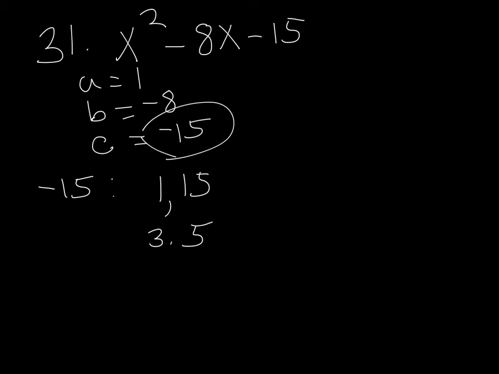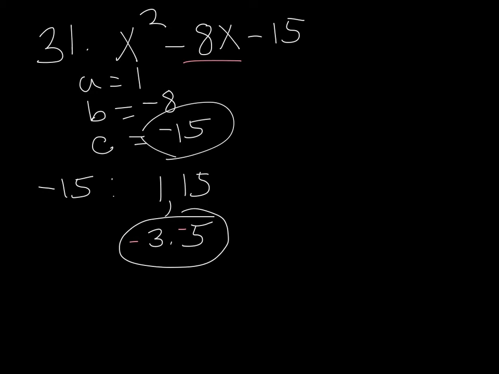No other possibilities. So when you are looking at these, you're going, well, geez, can I put any of these together to get a negative 8? And you might initially look at something like this and say, yes, I can. I can put a negative 3 and a negative 5 together, and I can get the negative 8 that I'm looking for.